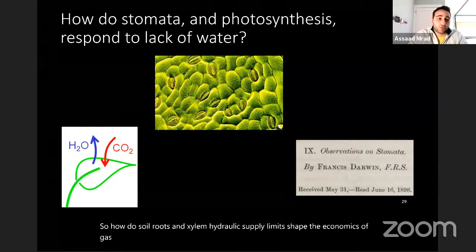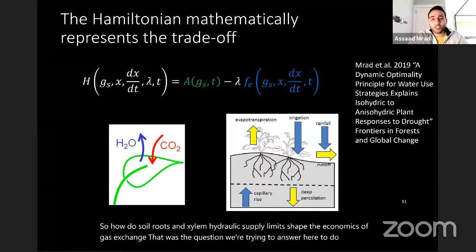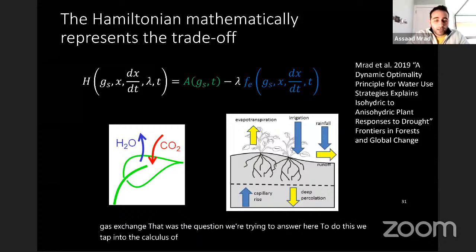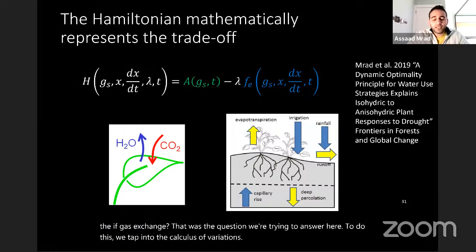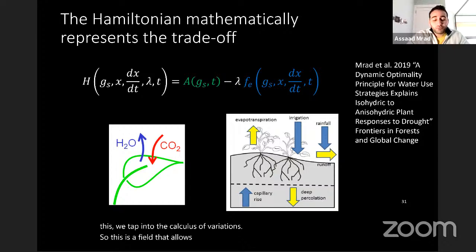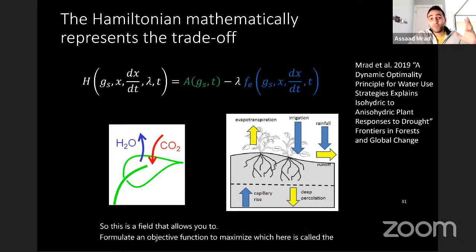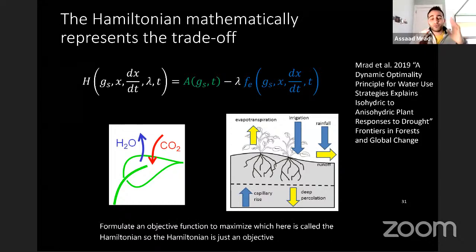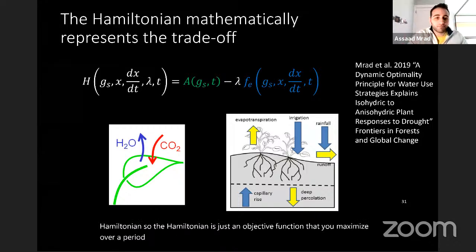So how do soil, root and xylem hydraulic supply limits shape the economics of gas exchange? That was the question we were trying to answer here. To do this, we tap into the calculus of variations. So this is a field that allows you to formulate an objective function to maximize, which here is called the Hamiltonian. So the Hamiltonian is just an objective function that you maximize over a period of time, as I'm going to explain.